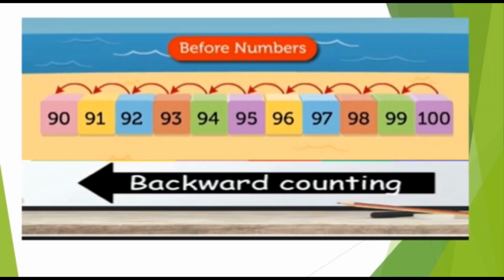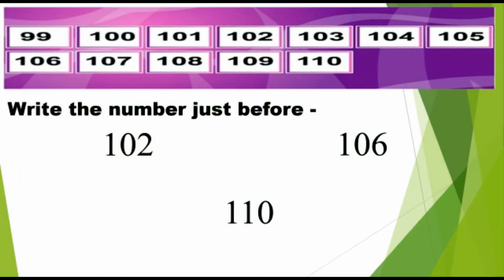Do you remember what we mean by before numbers? When we count backward from a given number, we get the numbers before. With the help of the number strip above, write the number just before. What comes before 102? The number that comes before 102 is 101. So, 101 comes before 102.